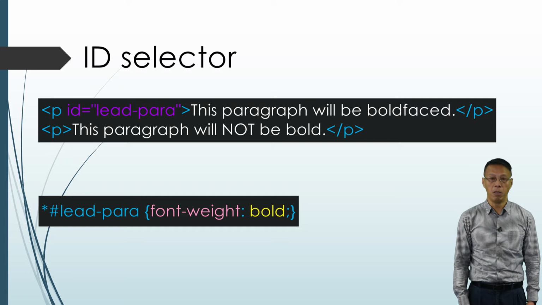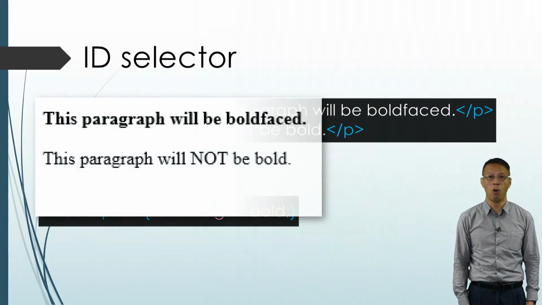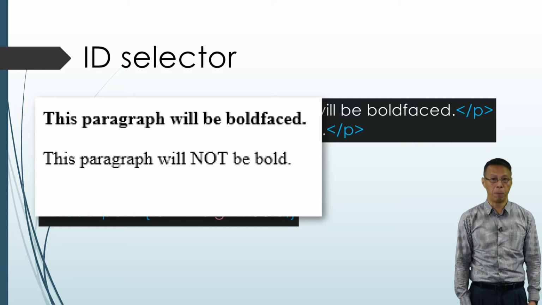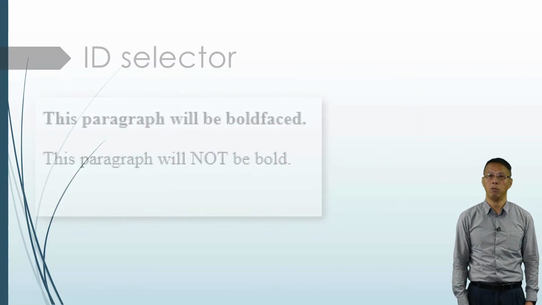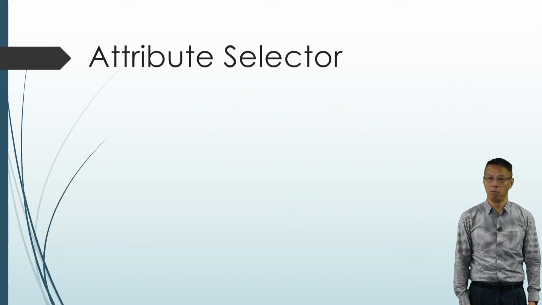At the same time, if these elements have a name called lead para, the associated CSS rule will be applied. So far we have ID, which is using the name. Okay, we have the class, which helps us to further specify our selectors.